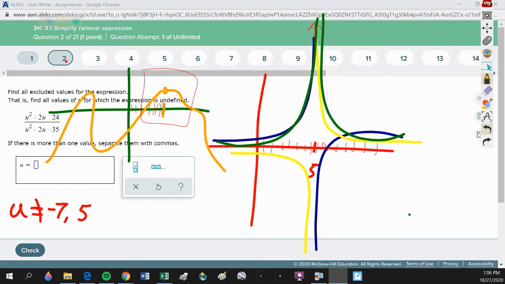But when you plug in 5, you don't get an answer. Sometimes that happens, but we're not going to look at that today. So either there's a vertical line at 5 called an asymptote, or there's a hole, which means there's just a missing chunk of the graph right there at 5. But the area around it does not go.